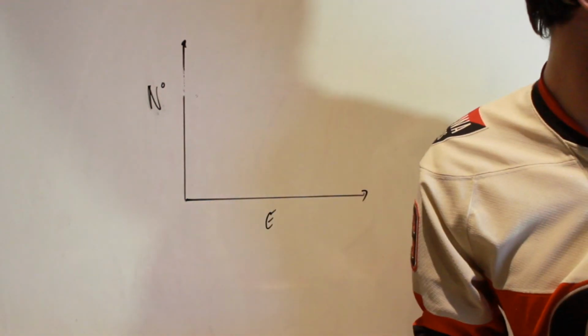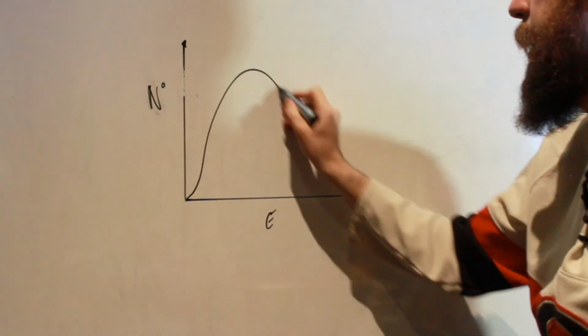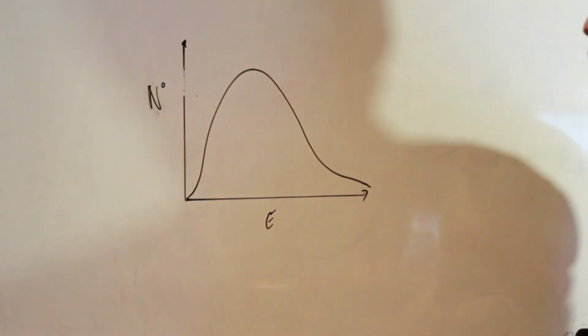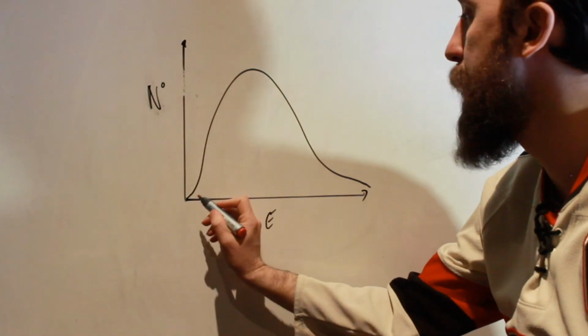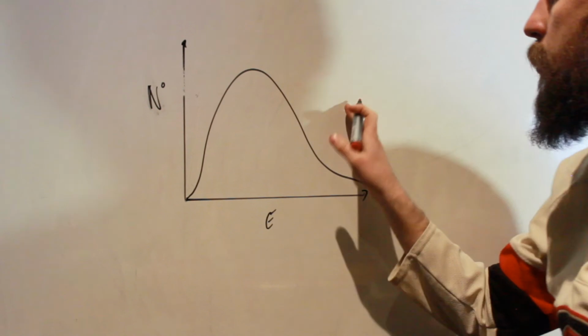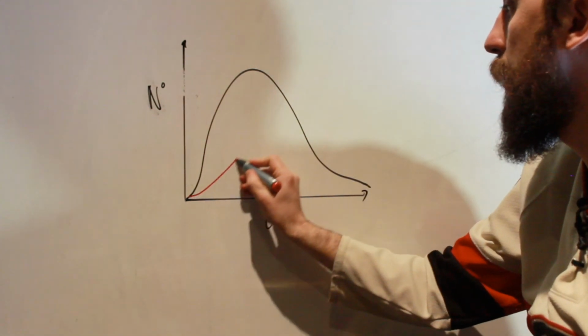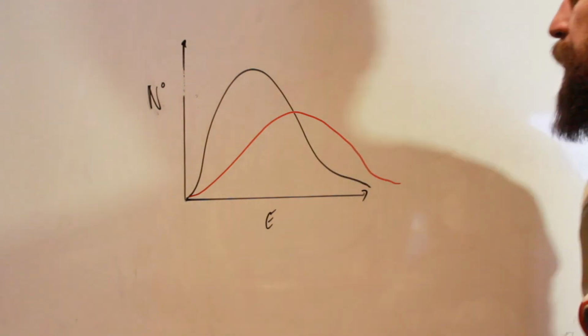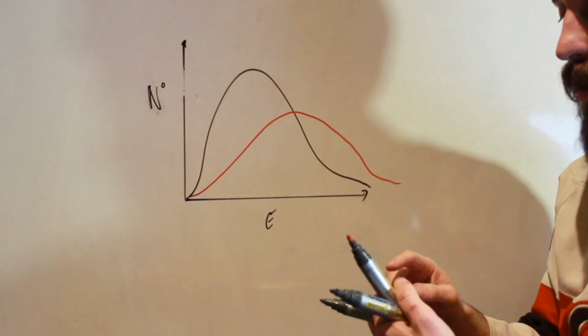So I have a given chemical reaction that has a Boltzmann distribution like something like that. If I were to increase the temperature, then my Boltzmann distribution, the peak would move to the right and the curve would flatten out, so I'd get something like that, let's say. Now, the area under these two graphs, if I drew this perfectly, would be identical.